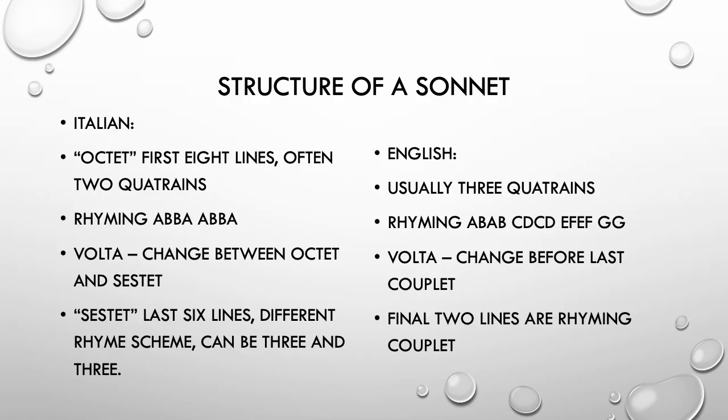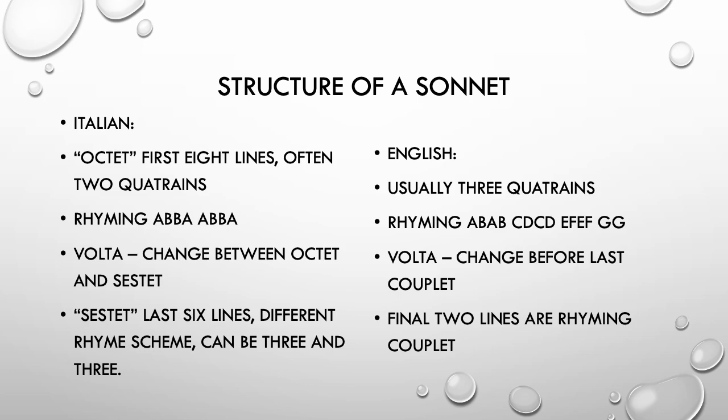What you'll usually see as the two most common structures of a sonnet are the Italian sonnet and the English sonnet. The Italian sonnet divides those 14 lines into the octet, the first 8 lines, which is often written as 2 quatrains. A quatrain is just a fancy poet word for 4 lines that make a stanza.